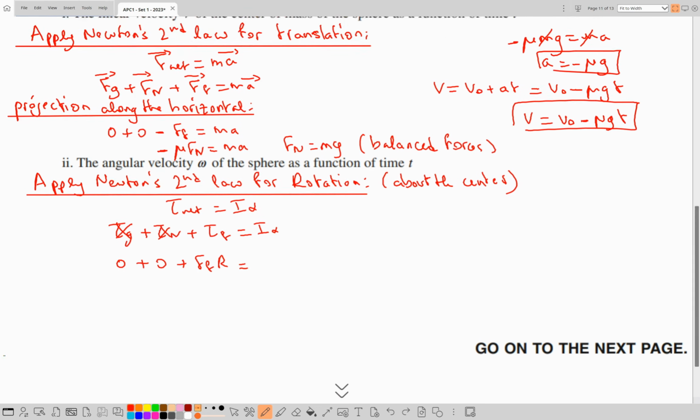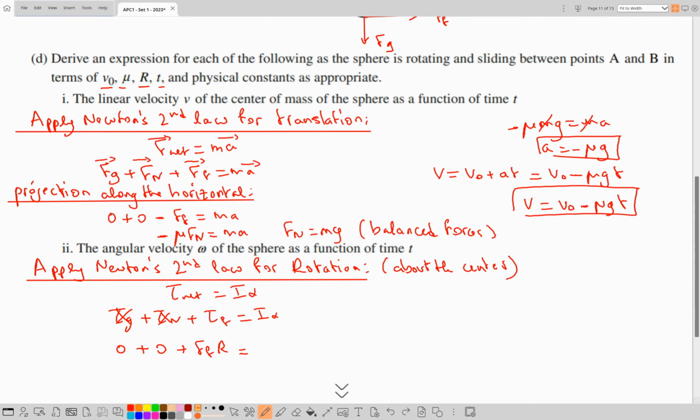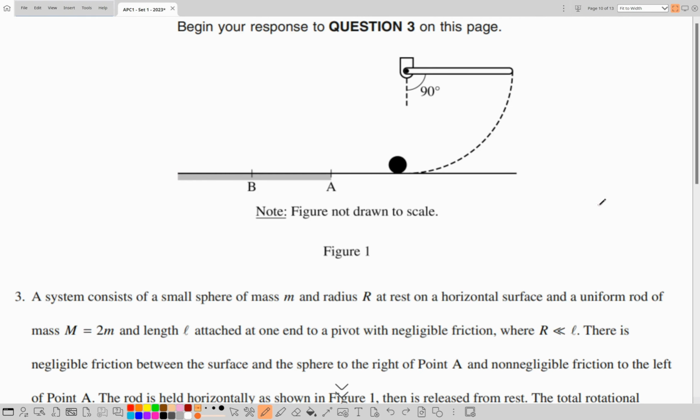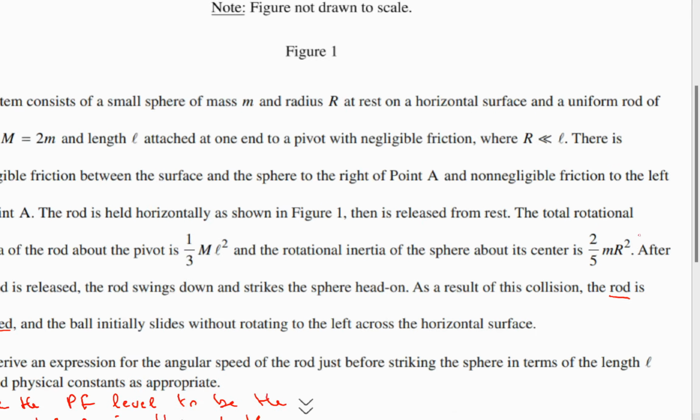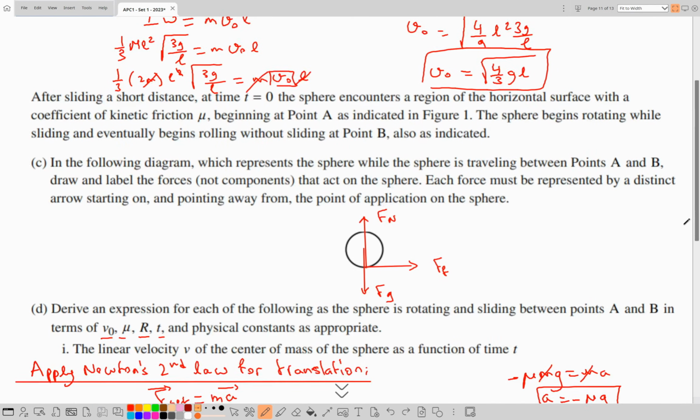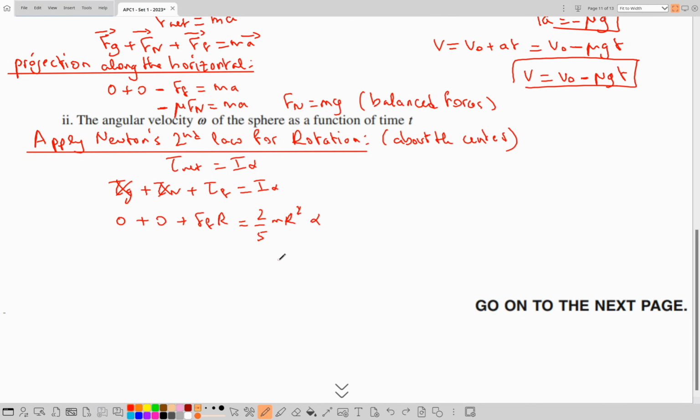Now the moment of inertia, we need to replace it by 2 over 5 m r squared, multiplied by alpha, because from the text the moment of inertia of the sphere is given by 2 over 5 m r squared around its axis of rotation, or around its center.